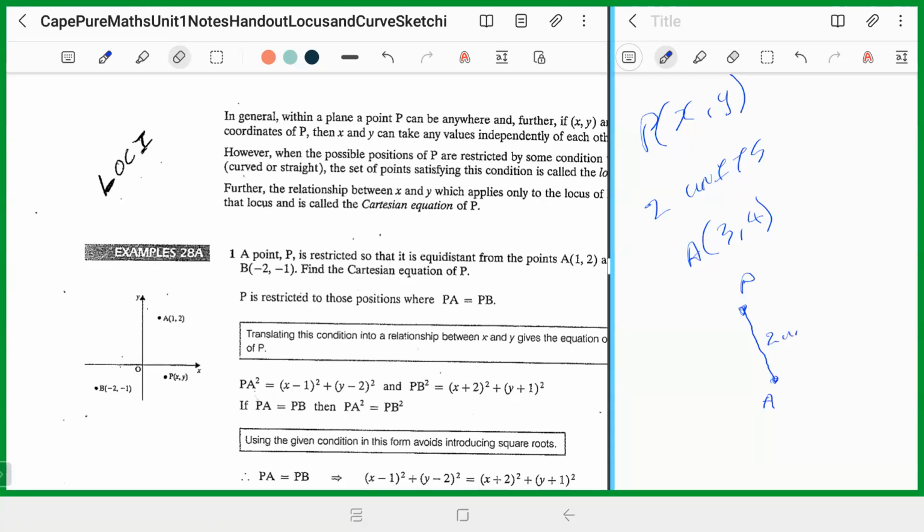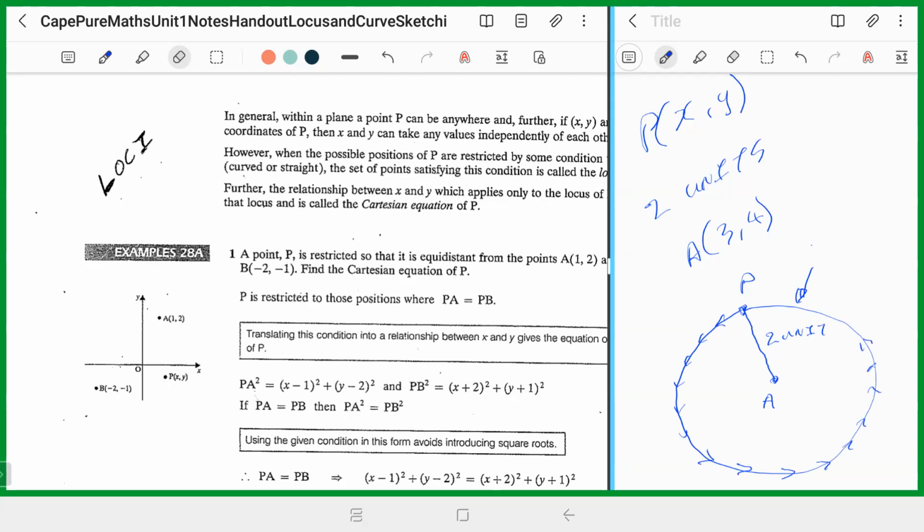It's always 2 units. And so P therefore can be at any point on that circle. And so the equation of this circle is the locus of P, because P can be anywhere on this circle, any point on this circle, and will be 2 units from that point. And so the locus of P becomes the equation of this circle.